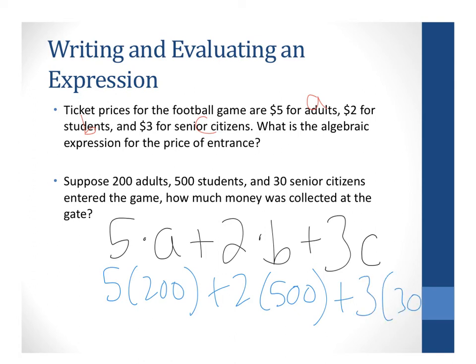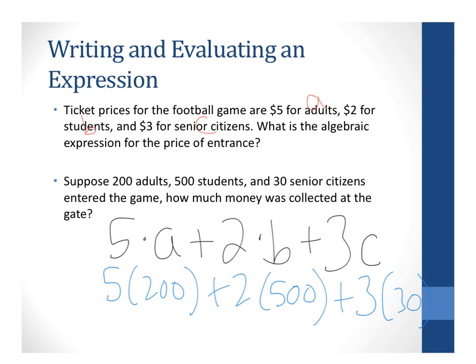You'll see that on standardized tests when they give information about, like, say, 3 variables at a time. If A, B, and C equal 6, 7, and 8, they're talking about A equaling 6, B equals 7, C equals 8. And I just use that here to say that we have 200, 500, 30 adults, students, and seniors. Okay? So now we can just go ahead and plug this into our calculator.